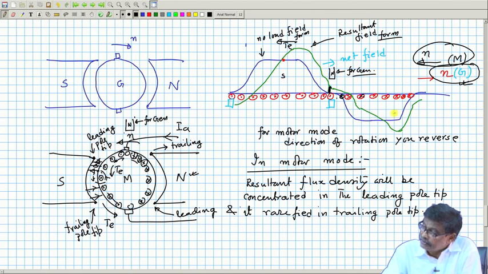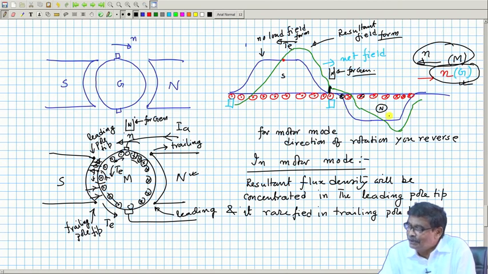You are coming in from the influence of the north pole, is it not? And what should be the polarity of this interpole? The positive direction is the south pole. So, to nullify this, you require a north pole here, which is the same as the main pole behind.